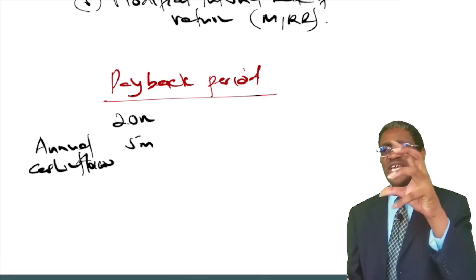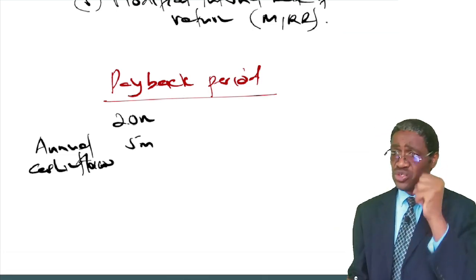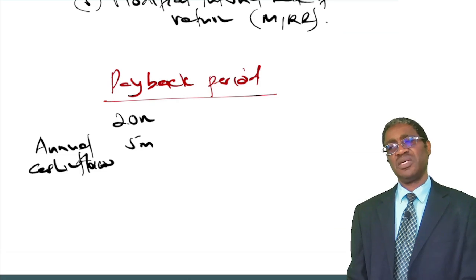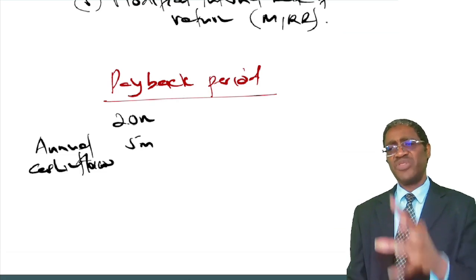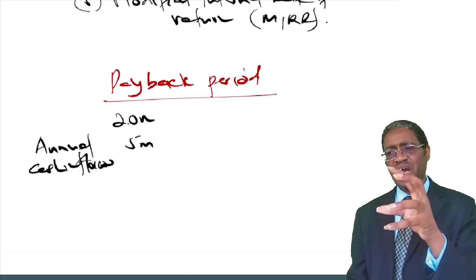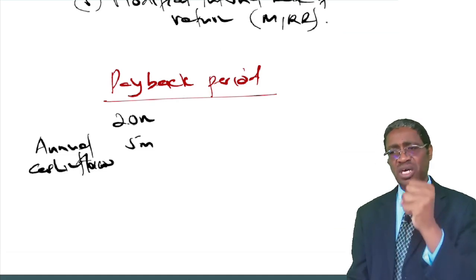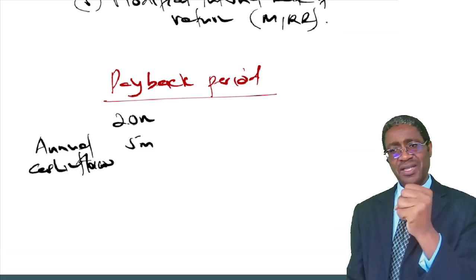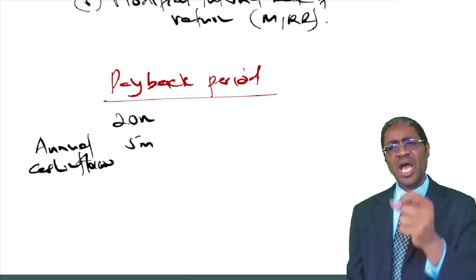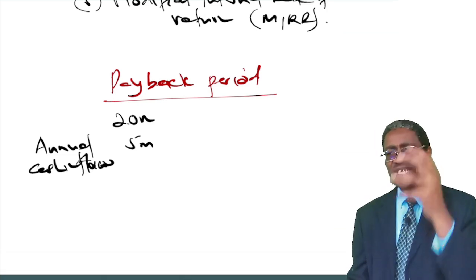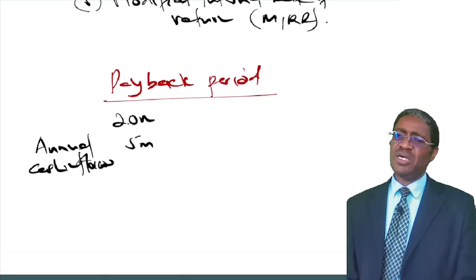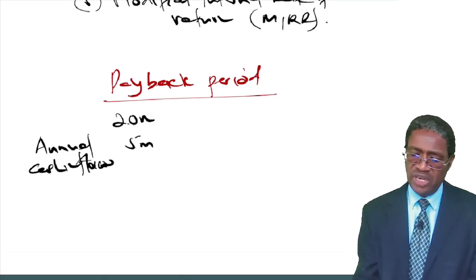So if I invest 20 million shillings today, and from this project I'll be recovering 5 million every year, the question now is, how many years will it take me to recover my initial investment?